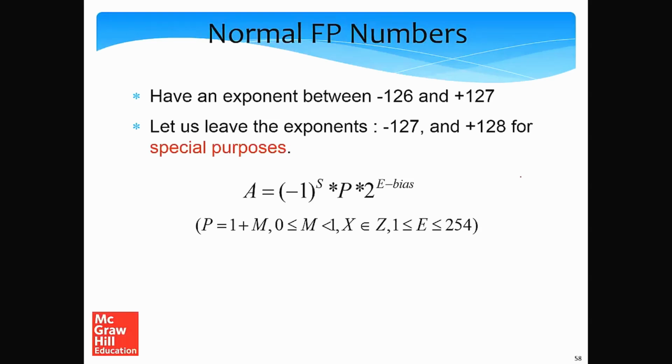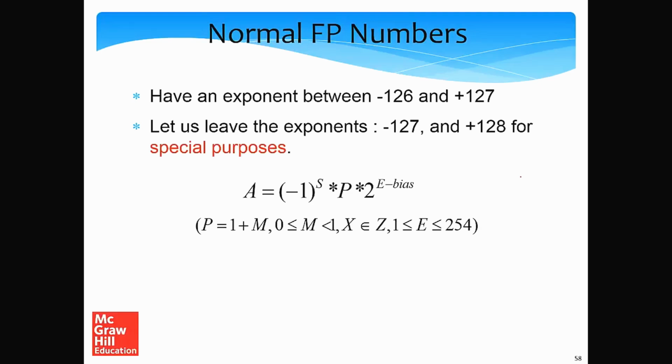In this case, the 754 standard has been made to represent floating point numbers in binary. Normal binary numbers have an exponent between minus 126 and plus 127. The other exponents which can be represented, minus 127 and plus 128, are reserved for special purposes, which we will discuss later.